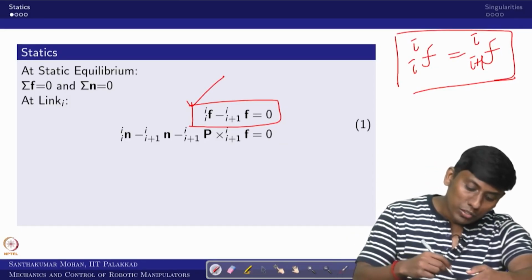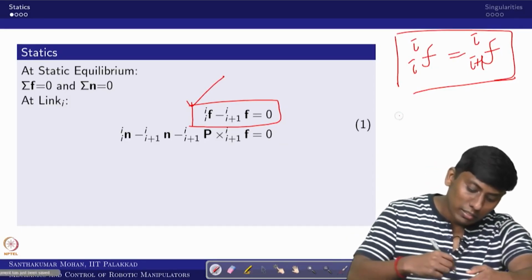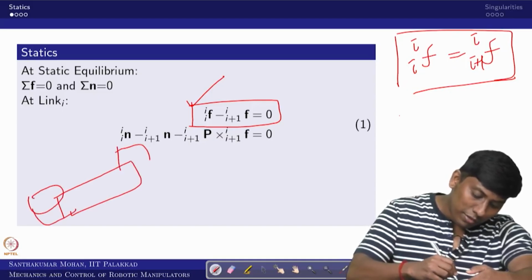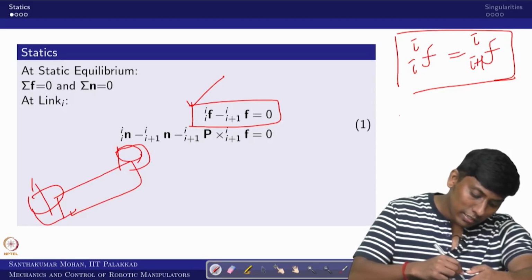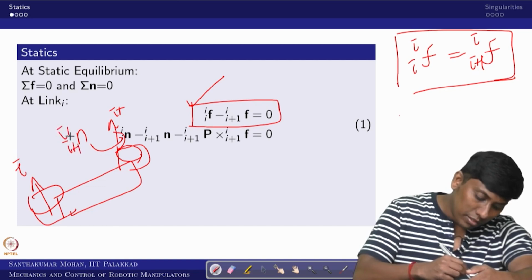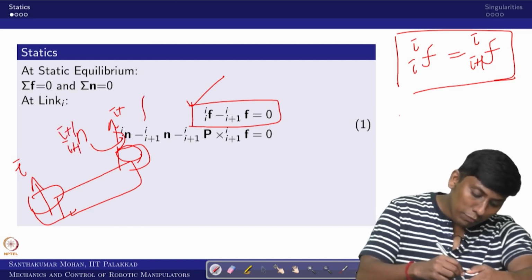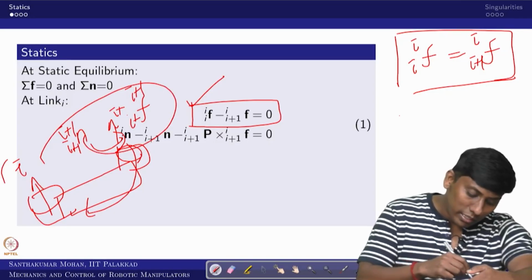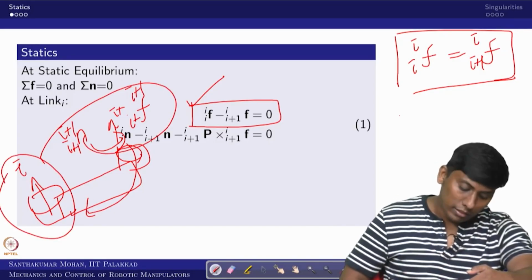Similarly for the moment, you can see this link has an ith joint and an I plus 1 joint. So this would have an angular moment, and this would have a force vector I plus 1 to I plus 1. These two generate the torque at the ith frame.